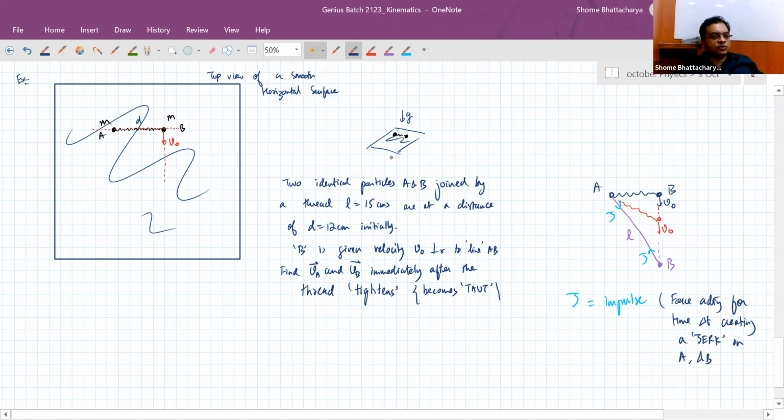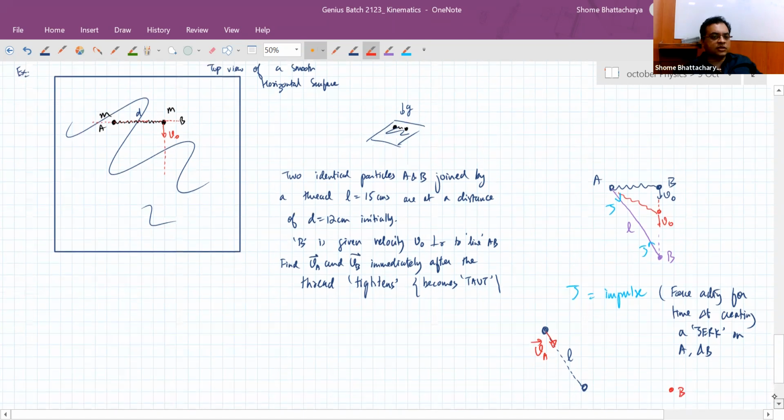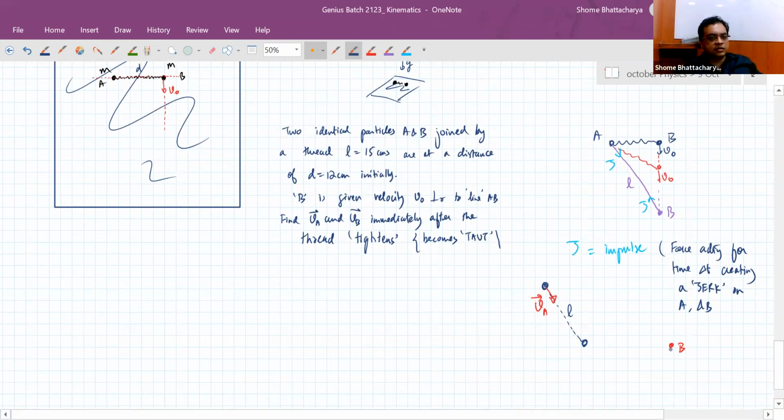As a result of that impulse acting, you will see that A, which was at rest, if this is the direction of the jerk, A's velocity immediately after that jerk acts will be in this direction, because impulse is equal to change in momentum and initial momentum of A was zero. Whereas for B, the initial momentum was in this direction. It had mv naught like this.